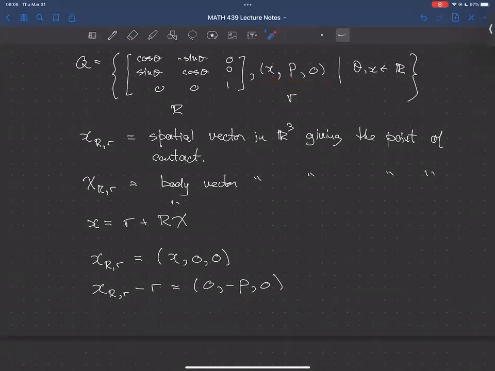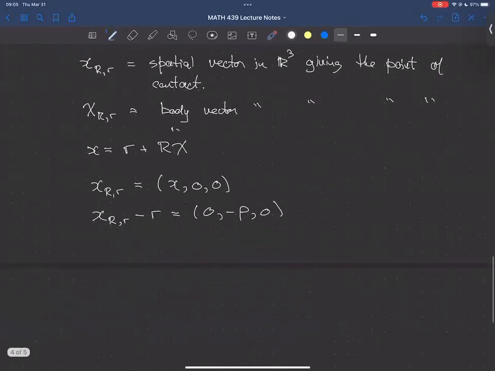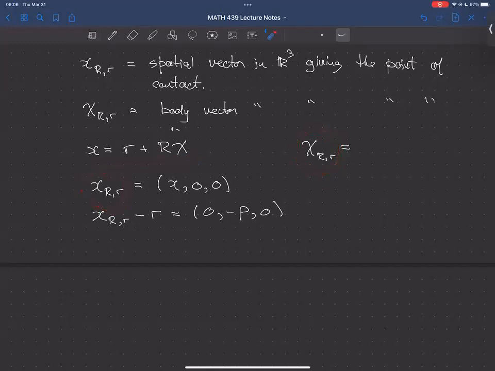Therefore chi_r is equal to, using this formula with chi_RR and x_RR in it, chi_RR is R transpose times (x_r minus r).